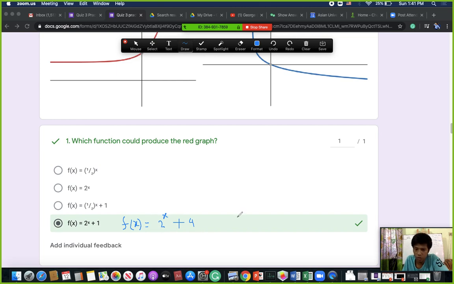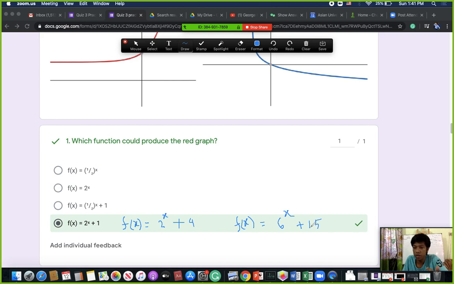Let me show another one so that you understand what I mean. Suppose I give you here 6 to the power x plus 15. This is also possible. Maybe this is the graph, and this is also correct.